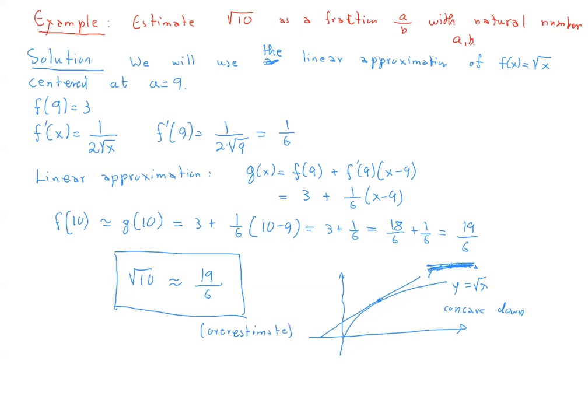If you find the second derivative at 9, you will see that it's less than 0, which means that the function is concave down, and the linear approximation will always produce overestimates. If it was concave up, then the linear approximation would give underestimates. As I said, none of these things were necessary in this exercise, but we mentioned this as a further discussion on what we just did.